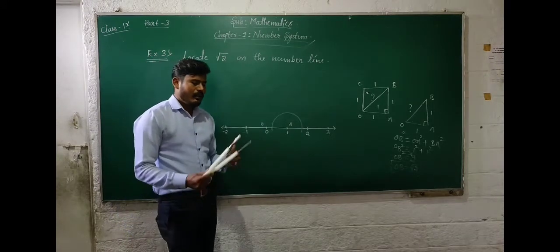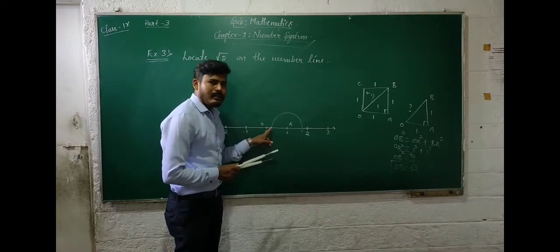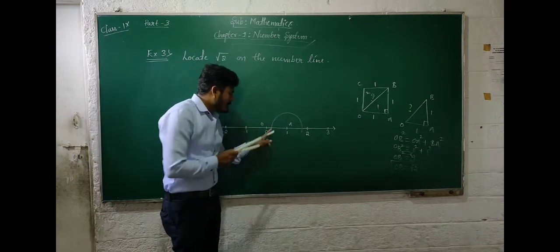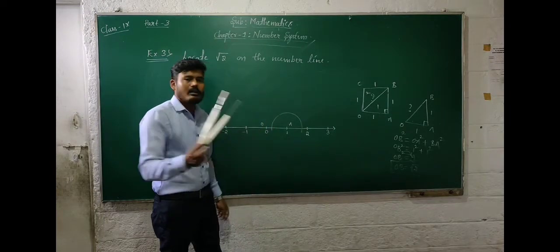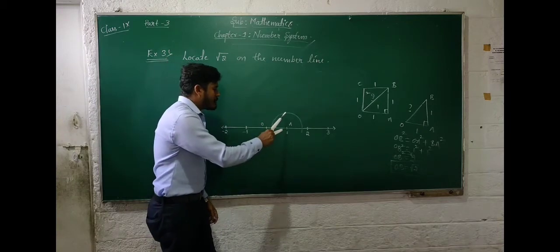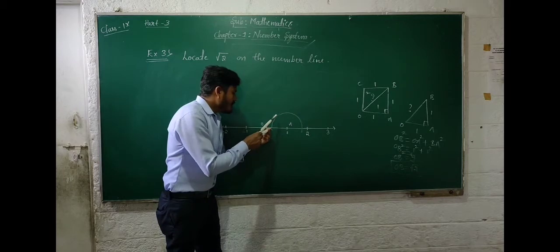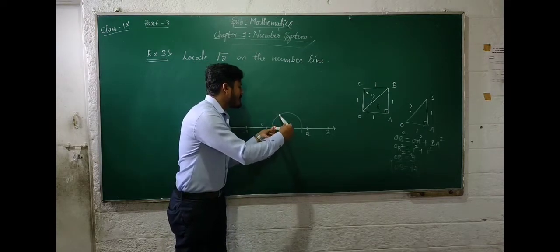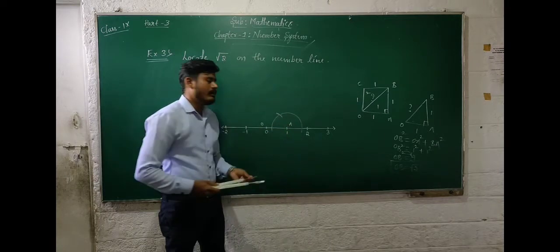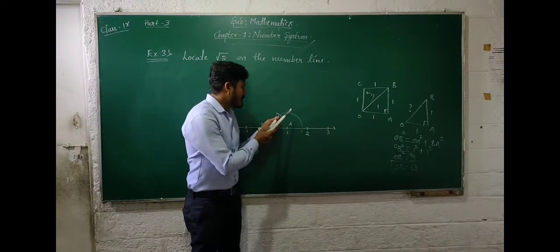Then follow these steps carefully. By using the compass, without changing the previous measurement, with this point as center, we cross cut the given semicircle. Once again, a new point is formed here.